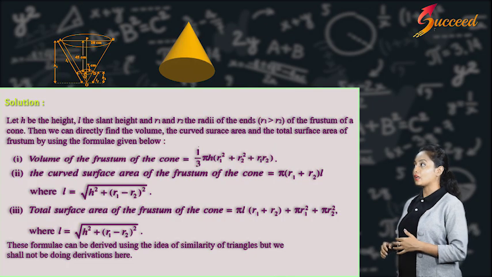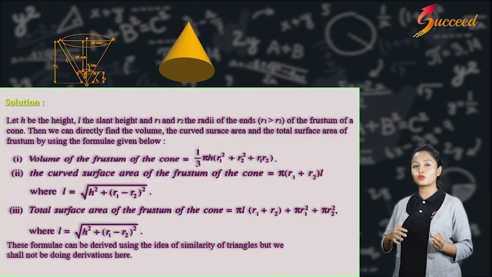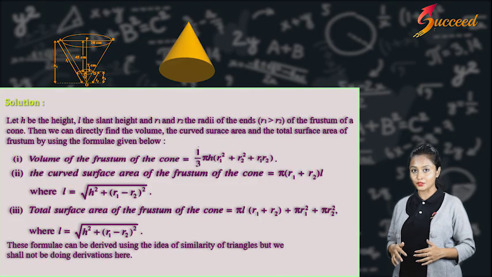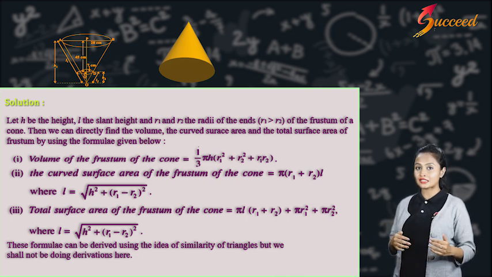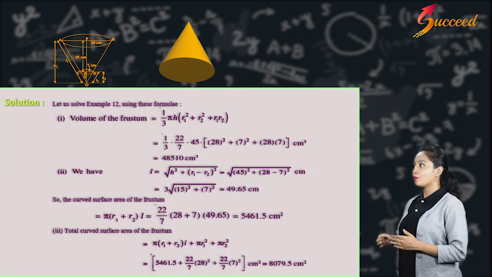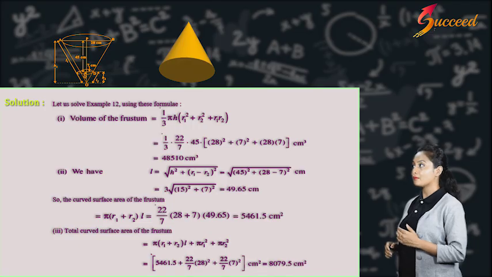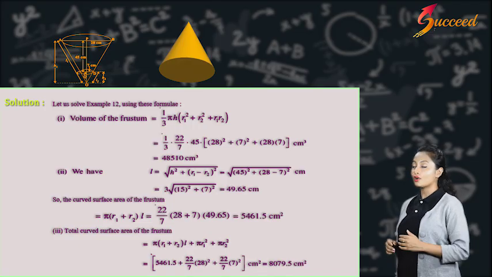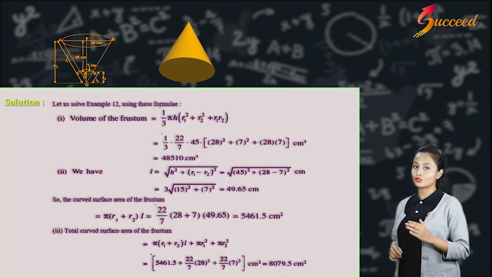So, this formula can be derived using the idea of similarity of triangles, but we are not going to derive the formula here. Now, let us see how we are going to use this formula in order to get the solution for this question. First one, that is volume of the frustum can be calculated by 1 by 3 pi h into r1 square plus r2 square plus r1 into r2.